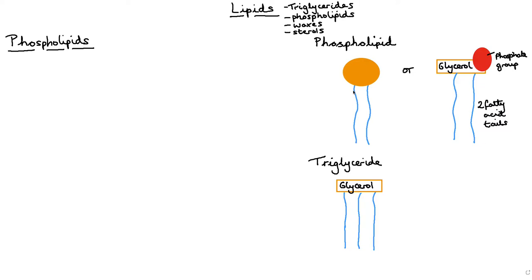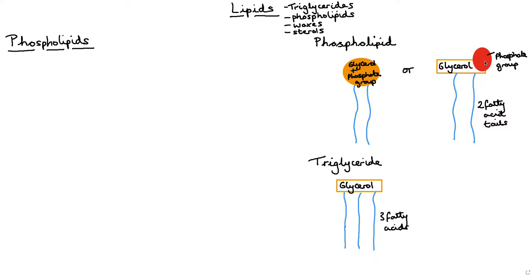On this diagram of the phospholipid on the left hand side, the glycerol and the phosphate group are represented both by a circle with the two fatty acids below. Now if we compare that to another type of lipid, the triglyceride is made up of just glycerol and three fatty acids attached. So instead of the third fatty acid, a phospholipid has only two with a phosphate group attached.